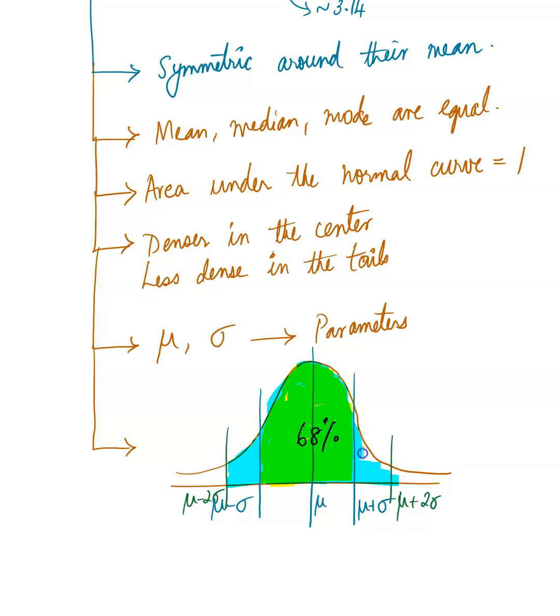This whole thing will account for 95% of the area. You already have the 68%, but if you went two standard deviations, you're getting 95% of the area, which means you have 95% of all the data values within two standard deviations.